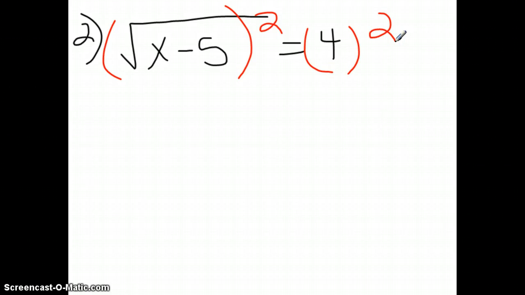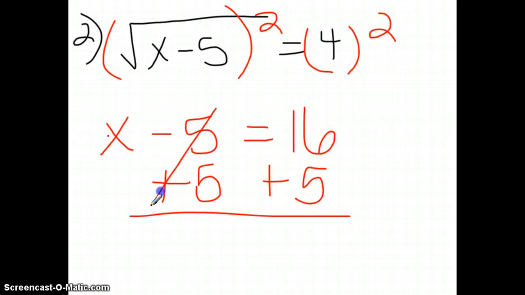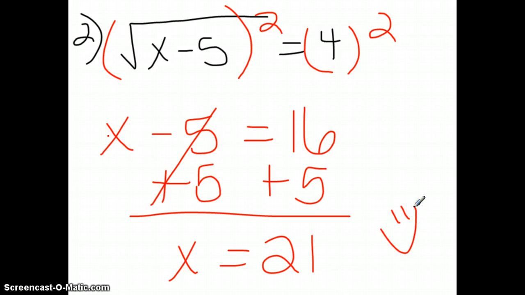And I get that x minus 5 equals 16. So then, how do I get x by itself? Good, my inverse operation is to add 5, and I get x equals 21. Good, great.